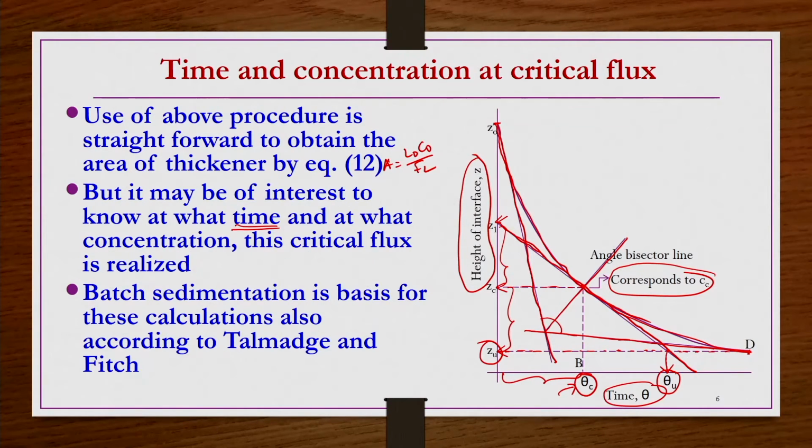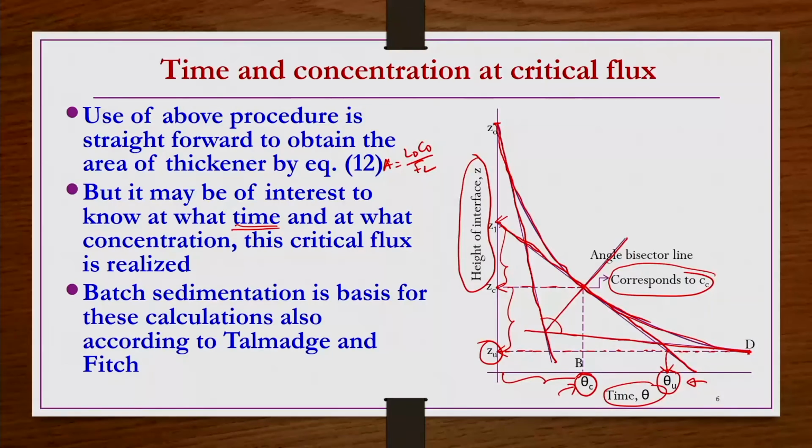This theta u is what we are going to use for area calculation now. This is additional information before going for the area calculation. Theta u is useful for area calculation, but in addition, when we do this process, we are able to find out the critical time and the concentration at critical flux, through these 2 points.